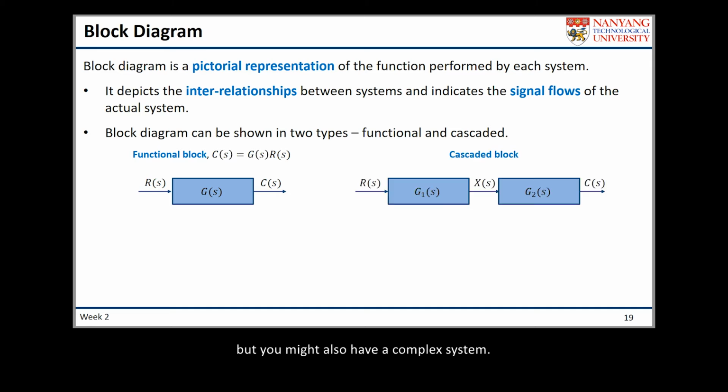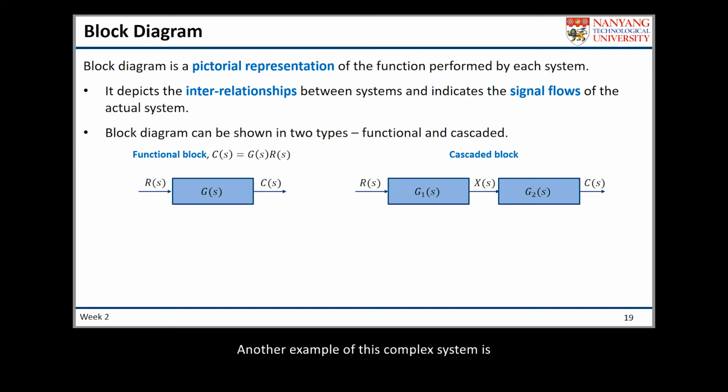But you might also have a complex system. This complex system consists of subsystems, where each of the subsystems has its own transfer function. You can arrange these subsystems with some interconnection to represent one big complex system.